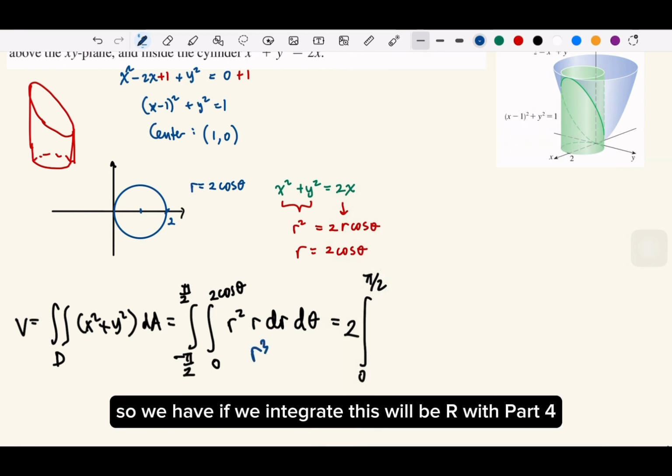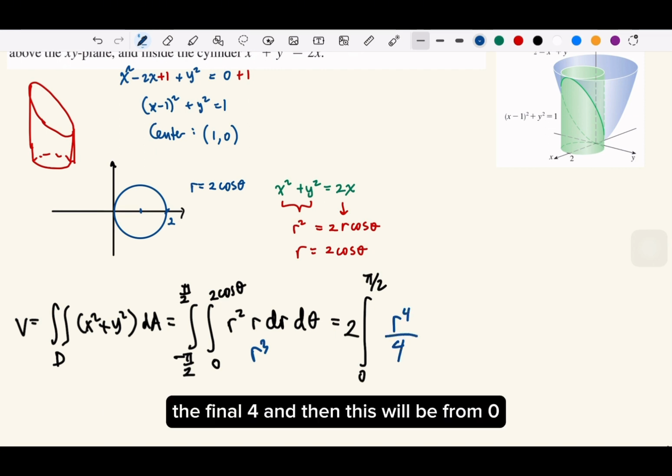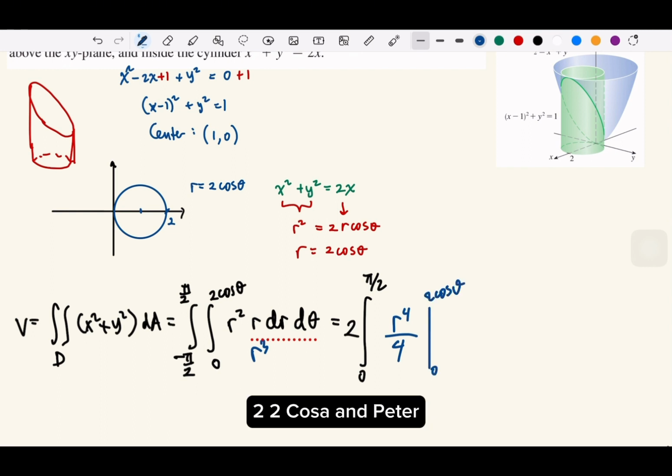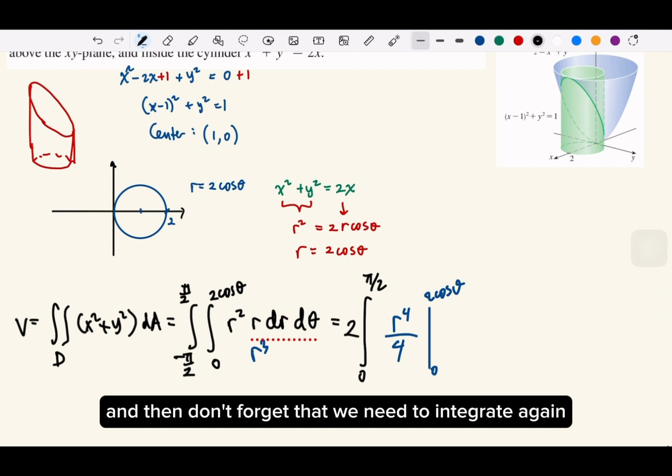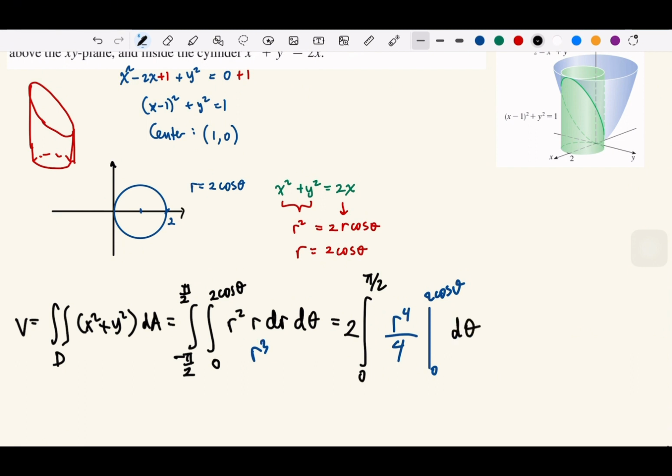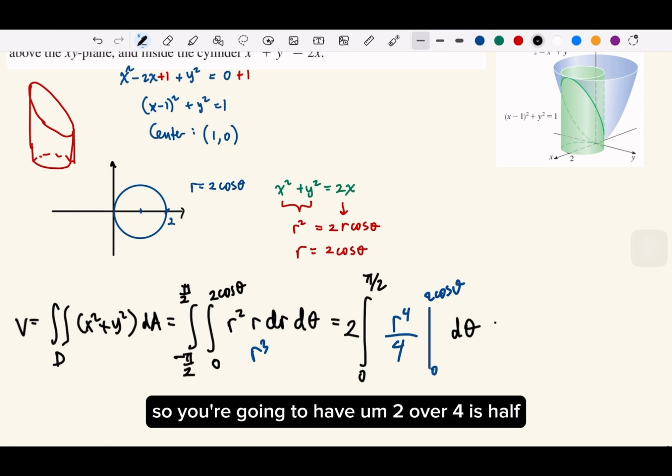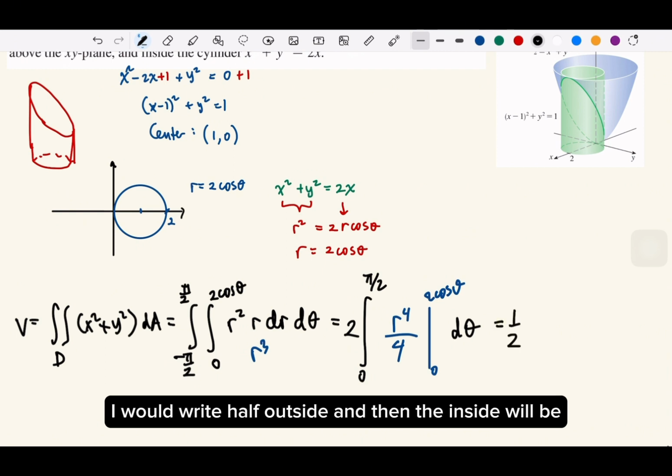So if we integrate, this will be r to the power of 4 over 4, and then this will be from 0 to 2 cosine theta. And then don't forget that we need to integrate again. So we are going to have 2 over 4, which is half, so I will write half outside.